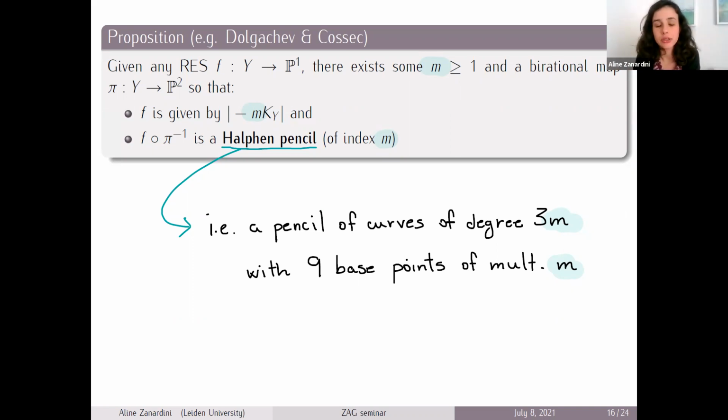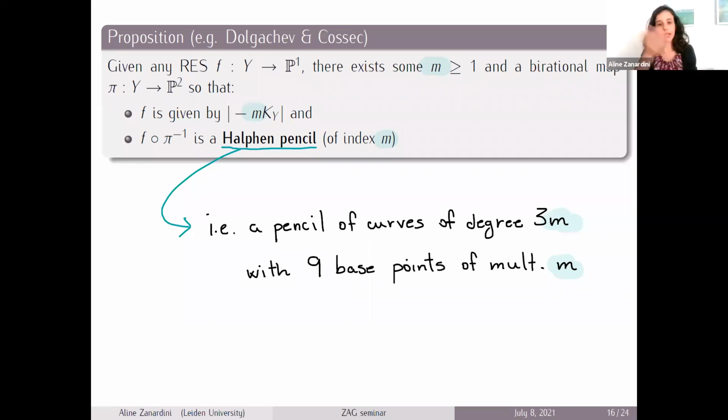The fibration F is given by minus m times the canonical class, and moreover, F composed with pi inverse is a so-called half pencil of index m. But what is the half pencil? What it means is that we have a pencil of curves of degree 3m that has 9 base points of multiplicity m.